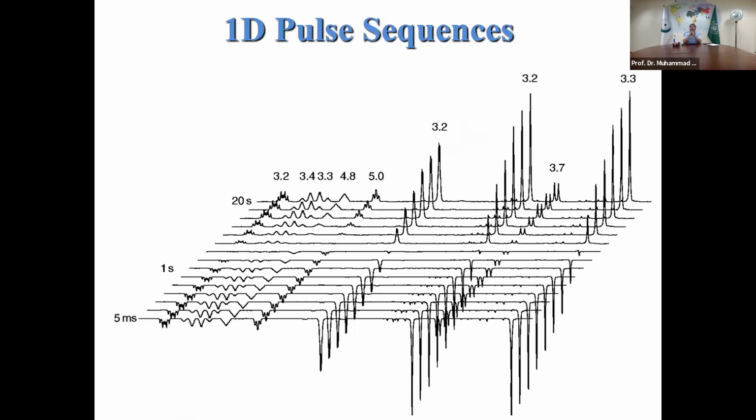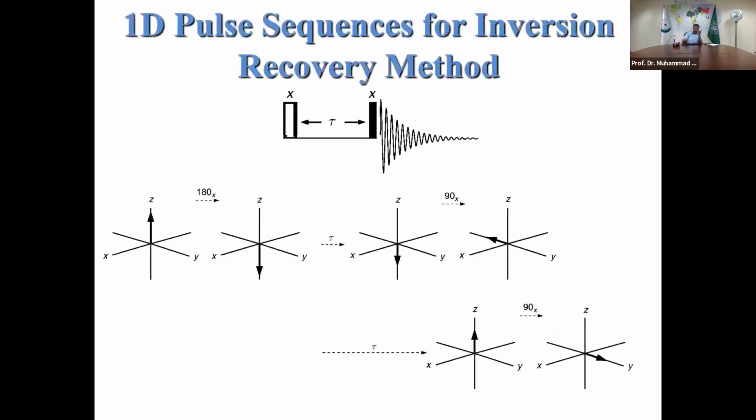Also, for certain cases, T1 is very, very important. For instance, in MRI, T1 is measured. There are also experiments in which T1 is measured. But here, the objective of showing you this particular experiment is to demonstrate what actually happens. So what happens is that the 180 pulse inverts the signal.